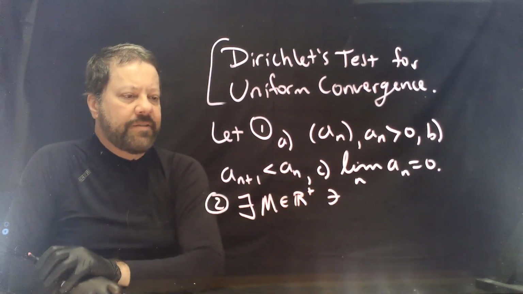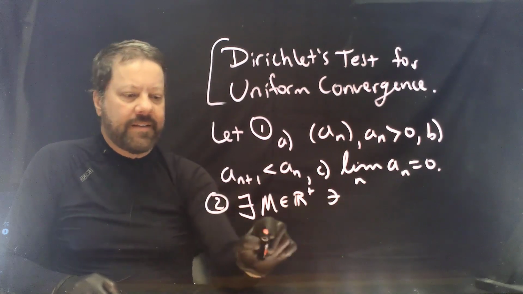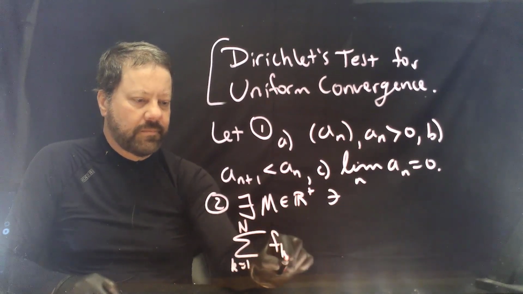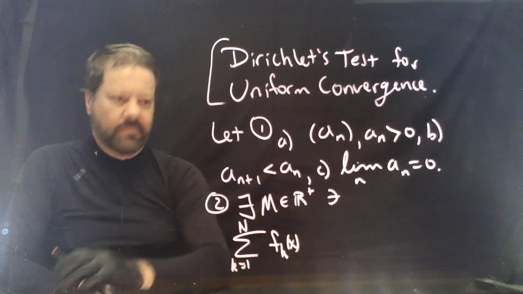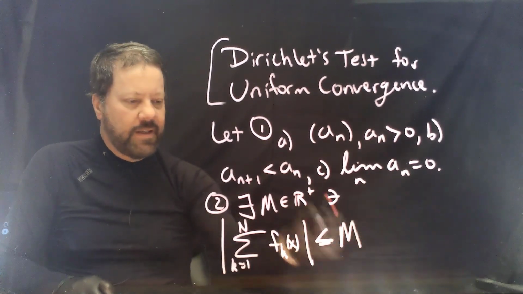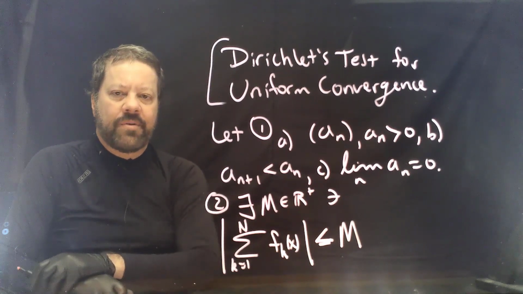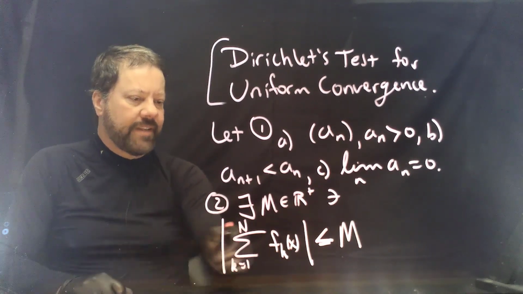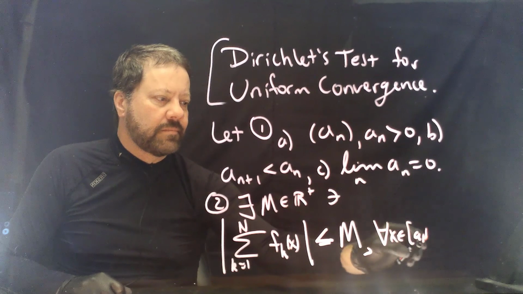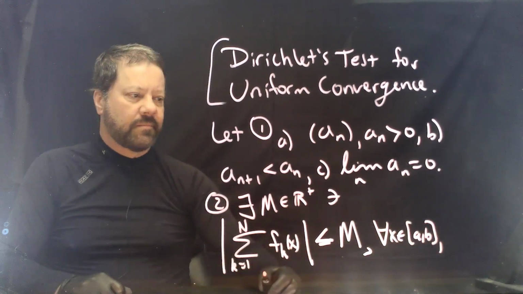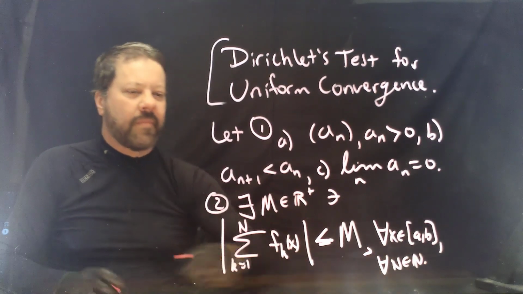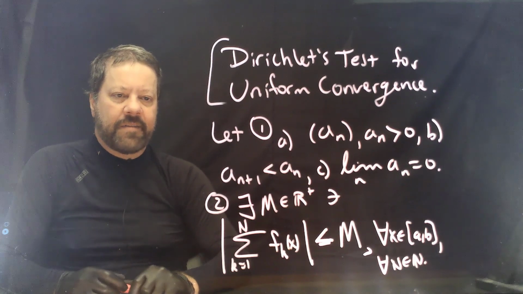There exists some positive real number M so that the sum is bounded, and this is going to be true for all x and for all of these n's. These are the hypotheses of the theorem.